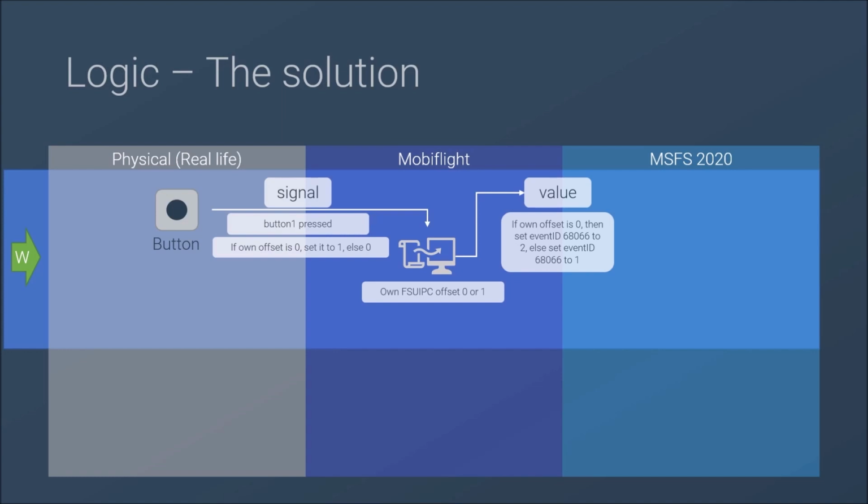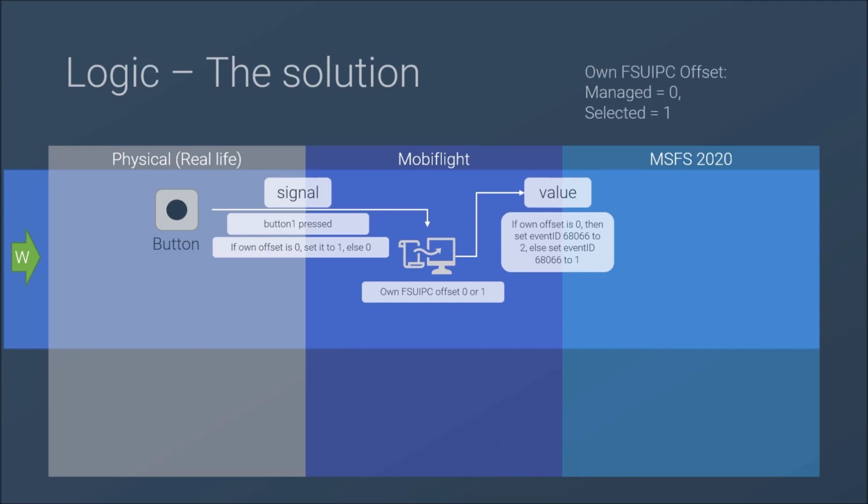As we start our simulator in a cold and dark situation, or also on the runway, our autopilot will be by default in managed mode. So whenever we start FSUIPC and whenever we start MobiFlight, we can say that 0 is managed and 1 is selected for our own FSUIPC offset.